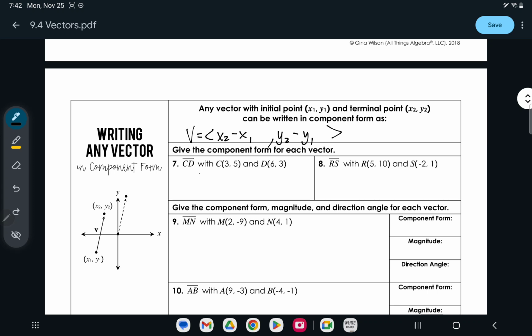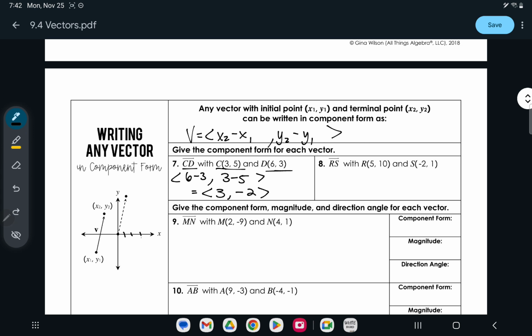I'm going to look here, CD, where C is here and D is here. If I were to write it in its component form, we can do 6 minus 3, comma, 3 minus 5. So I get 3, negative 2.